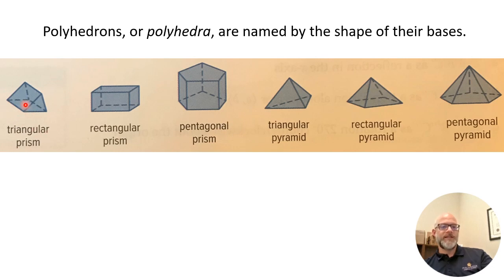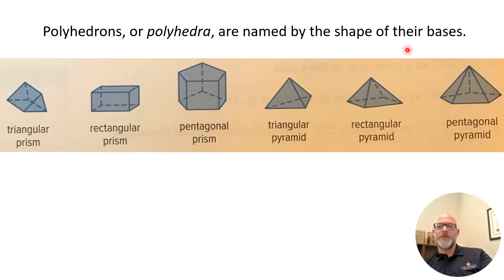Say, no, the base is a rectangle. Nope. This right here is a base, and that right here is a base. Those are the triangular bases, the congruent polygon bases, and then the other faces are all rectangles. So we call this prism triangular because its bases are two triangles. We call this a rectangular prism because its bases are two rectangles, and a pentagonal prism because the bases are pentagons.